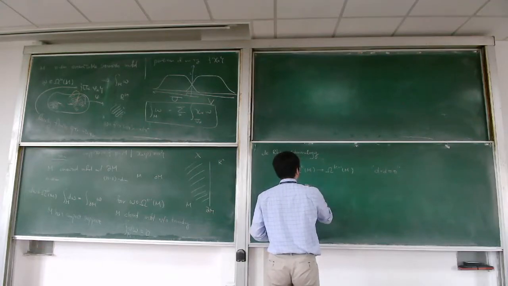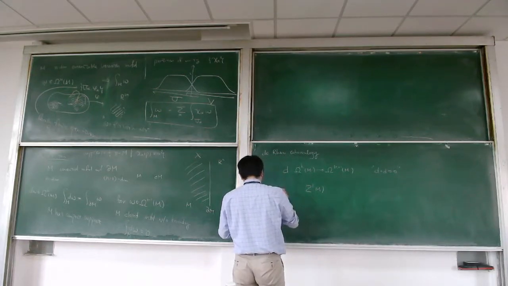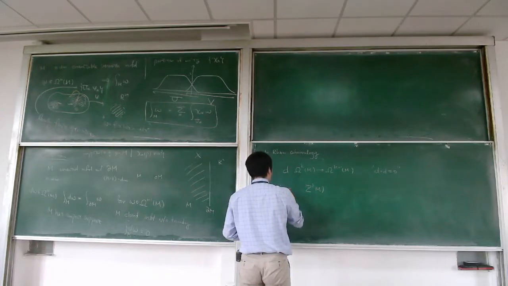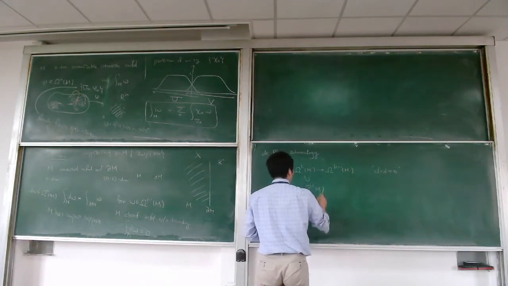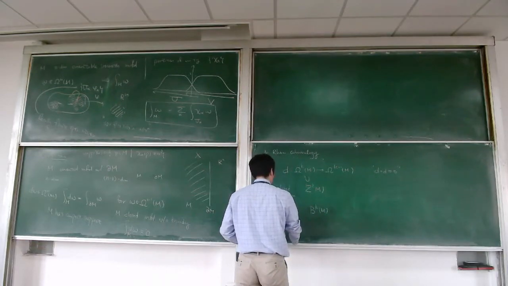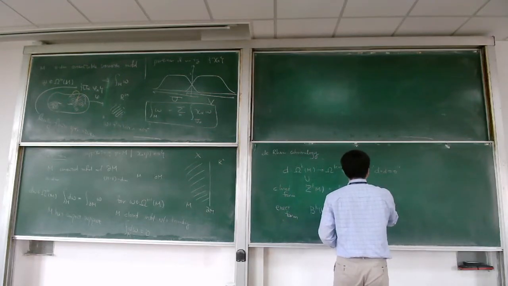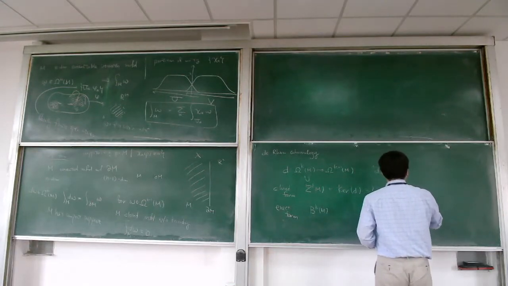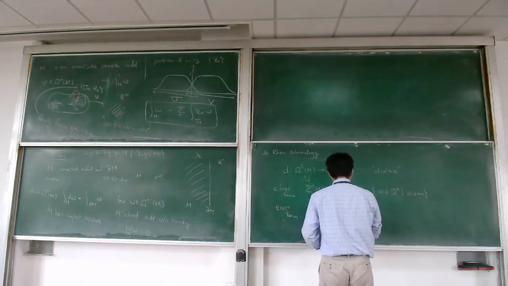We call it Z^k of M, the closed forms. And B^k inside omega k is the exact forms. Z^k is the kernel of d, which means the omega in omega k such that d omega is equal to 0. And B^k is the image of d.